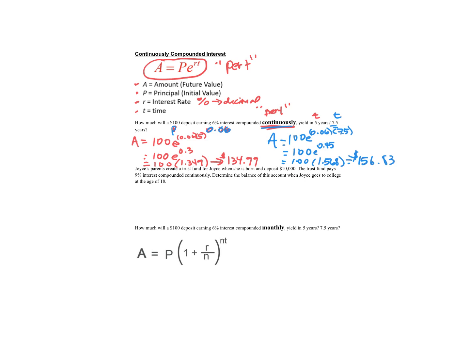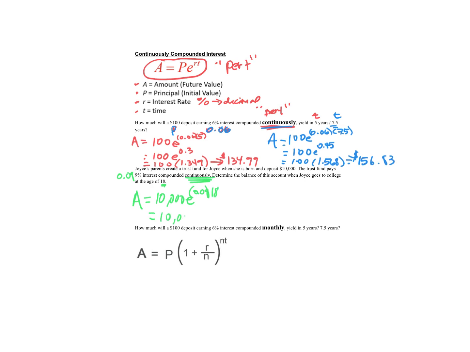Awesome. Let's do Joyce. We'll do Joyce here in green. Joyce's parents create a trust fund. Her P is $1,000. So we have A equals, we know it's continuously, so we can use PERT, $1,000 e to the, what's the rate here, 0.09 because it's 9% interest. And how long will she have that money in there is 18 years. So times 18.